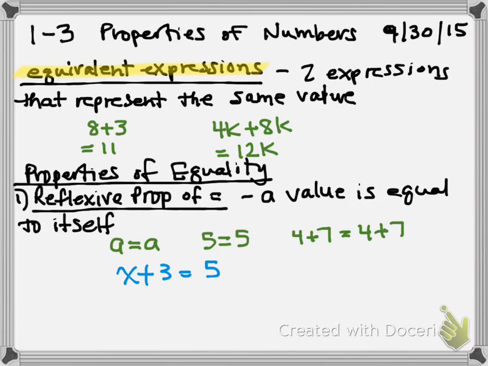If your directions are to solve for x, what are you going to do to get x alone? 5 minus 3. Okay, I'm not going to do just 5 minus 3. Because what you haven't explained to me is what did I do to x plus 3? Because this is an equation. Desi?